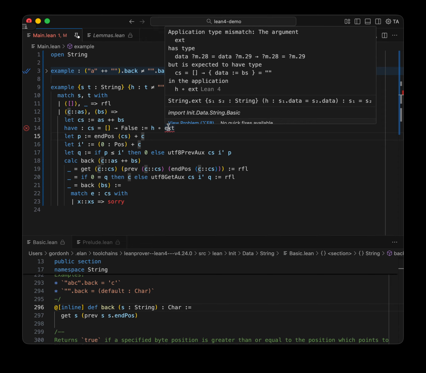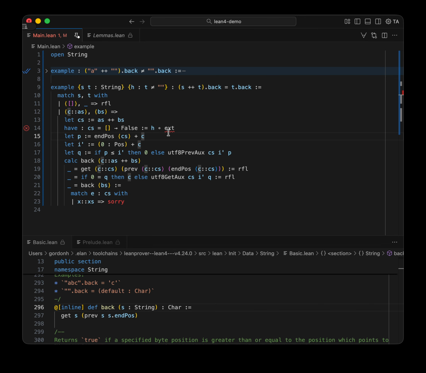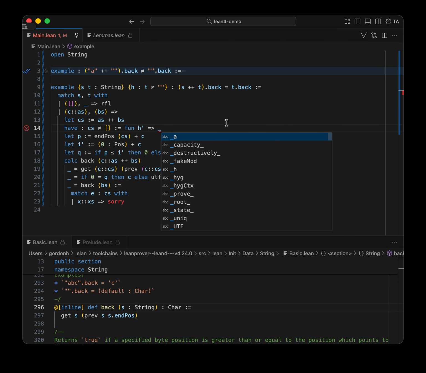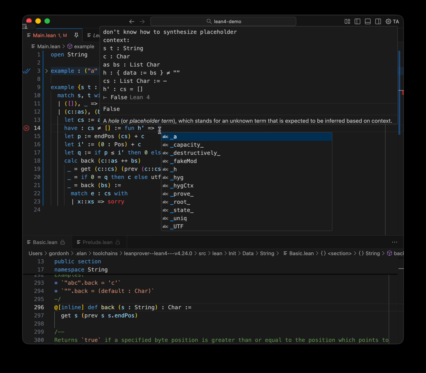What did I get wrong? God, what am I missing? Why isn't extensionality working?